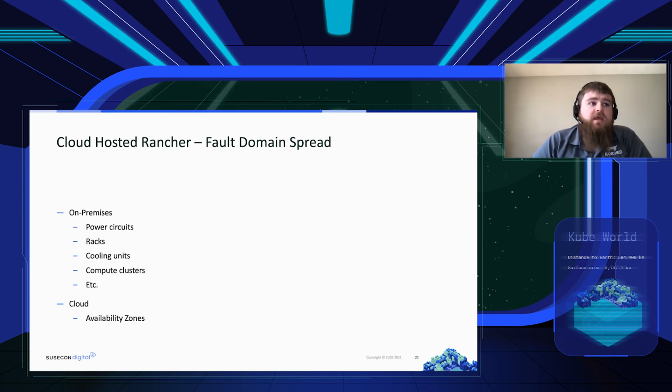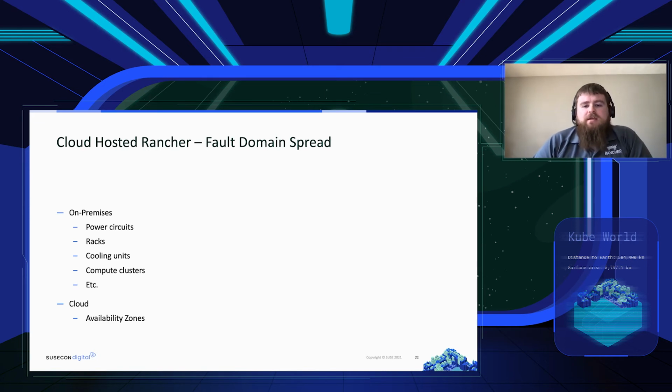In cloud hosting, this is a much simpler operation. Cloud, in most instances, has abstracted away the idea of a fault domain to a single item called an availability zone. If we use AWS, for example, this is going to be something like US West 1A, 1B, 1C, or pick your favorite AWS region.